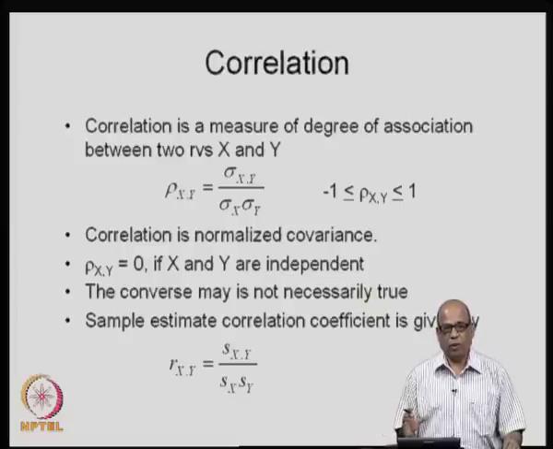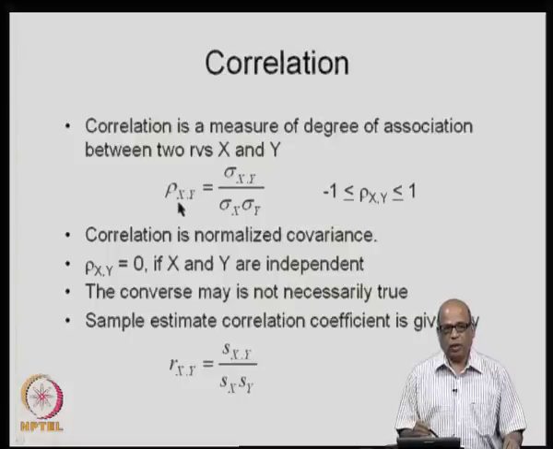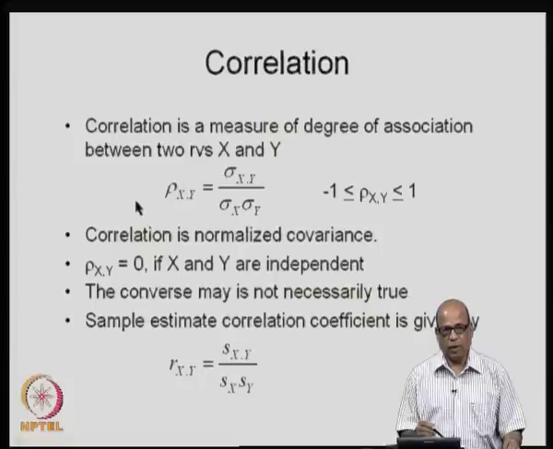If your rainfall was in millimeters and runoff was also in millimeters, then the covariance of rainfall and runoff would have units of millimeter square, and the standard deviation of the rainfall x would be in millimeters, standard deviation of y will be in millimeters, and therefore, the rho x y that you get, which is a correlation, is a unitless parameter, and it is thus a normalized covariance.